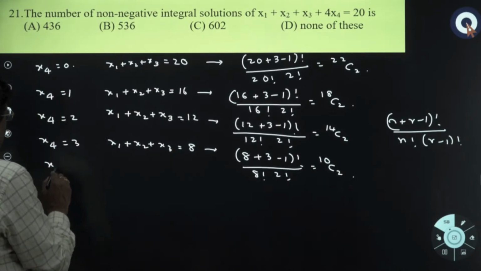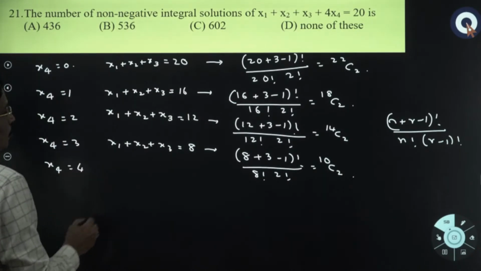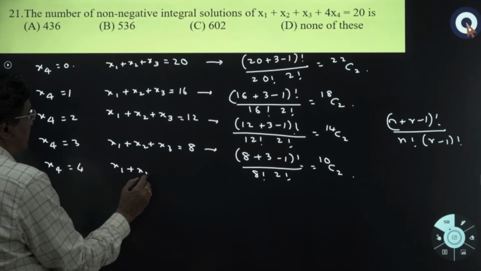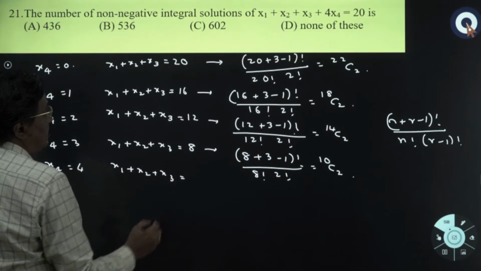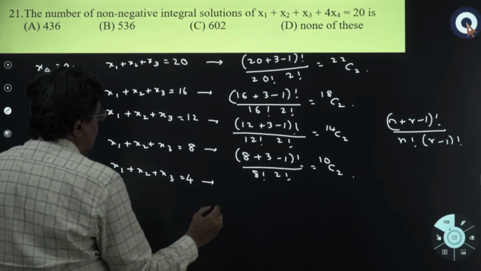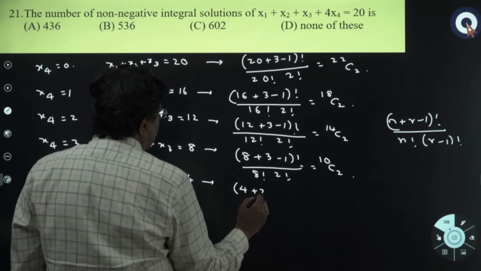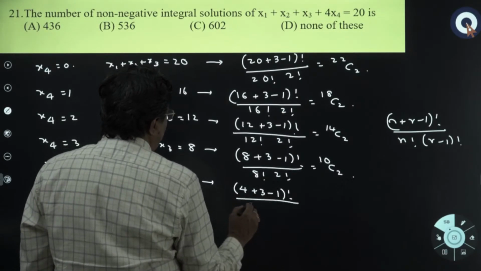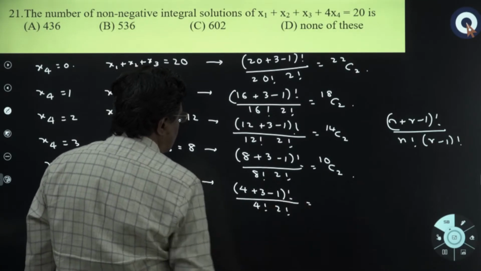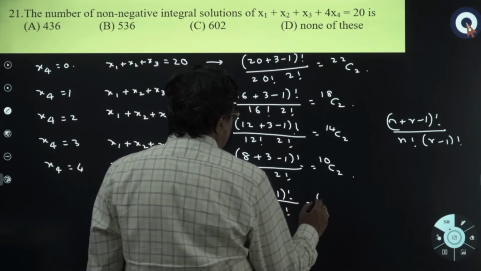And if x4 is equal to 4, so that becomes 16. So x1 plus x2 plus x3 is equal to 4. So that becomes (n plus r minus 1) factorial by n factorial into (r minus 1) factorial. So this is 6 C2.